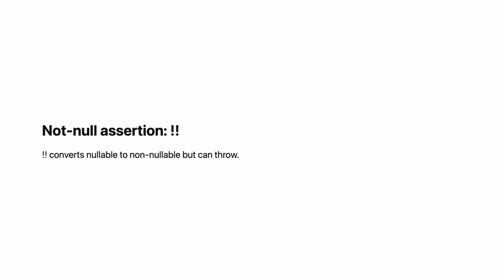Use double exclamation sparingly. It throws away null safety. Valid uses are after a check the compiler does not understand, or in tests when you are certain. Prefer safe calls and Elvis, and use double exclamation only when you have no choice and are confident.